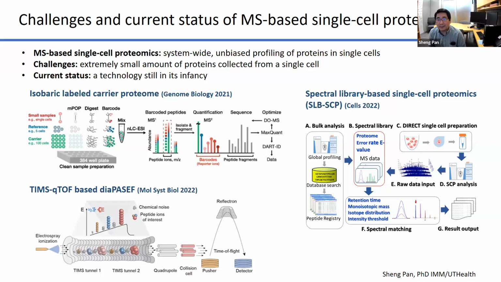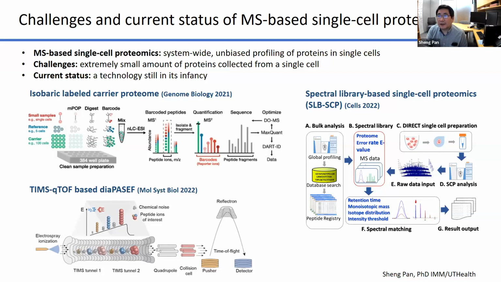We use MS1 data for peptide identification, mainly relying on the hydrophobicity of the peptides based on their sequence, the monoisotopic mass and also the isotopic distribution. So our method can use more instruments, as long as the instrument is high resolution with adequate acquisition speed. All three methods allow us to identify more than 2,000 proteins in a single cell.